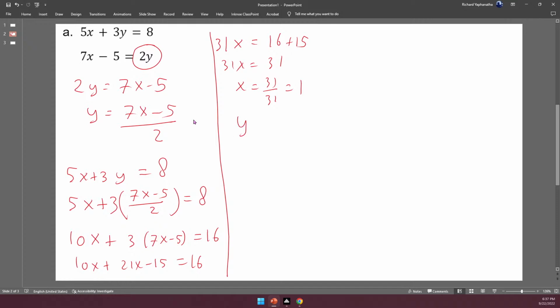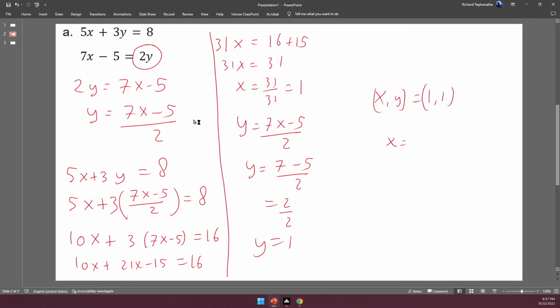For example, I want to put it here. So the x is 1, so 7 minus 5 divided by 2 is 2 over 2, so y also equals 1. You can answer x, y is 1, 1 like this, or you can answer x equals 1, y equals 1. Both are okay, as long as you make sure you are giving the sign that this is the final answer.